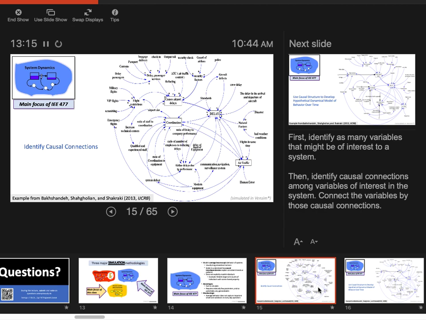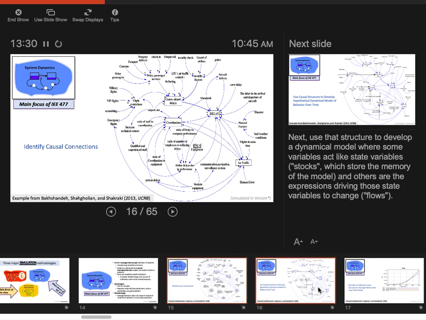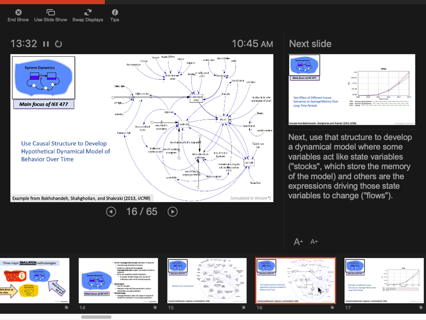Once they shotgun them onto the map here, they drew causal arrows to say this thing has a causal effect on this thing, which has a causal effect on that, and they started looking for loops. From there, there's a way to turn a diagram like that into a diagram like this, where you've got those stocks and flows.